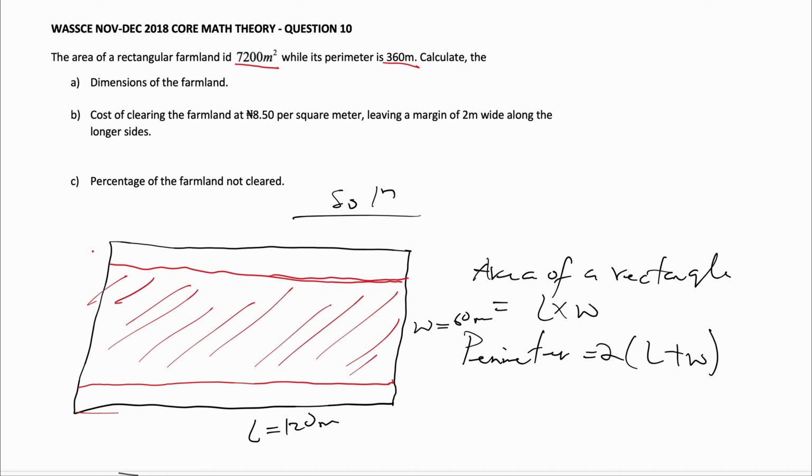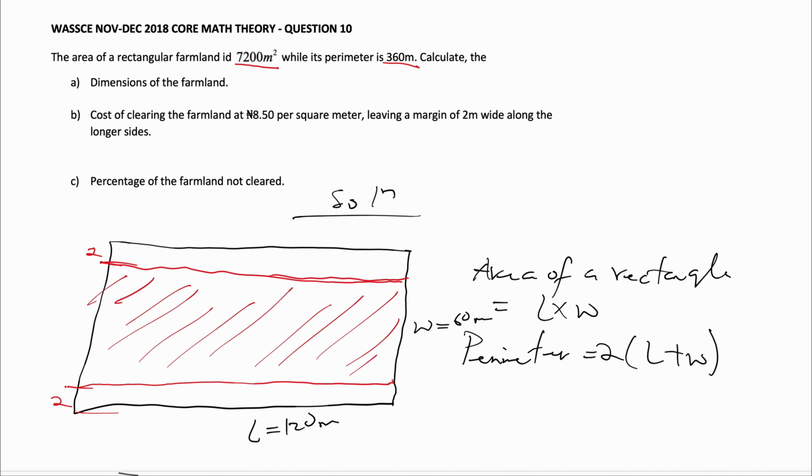From here to here is 2, from here to here is 2, but the whole of this is 60. So from here to here will be 60 minus 2 minus 2, which is 60 minus 4, which is 56.